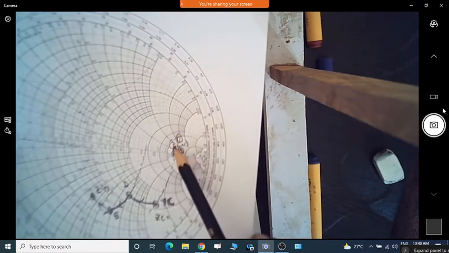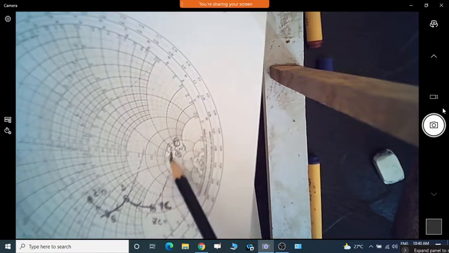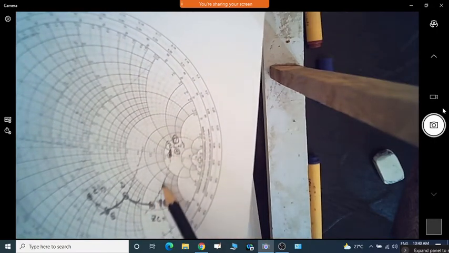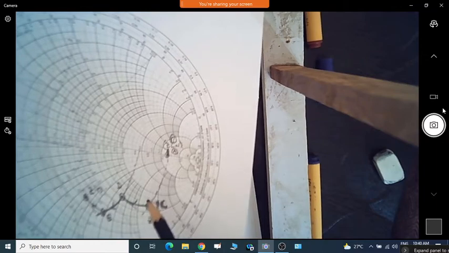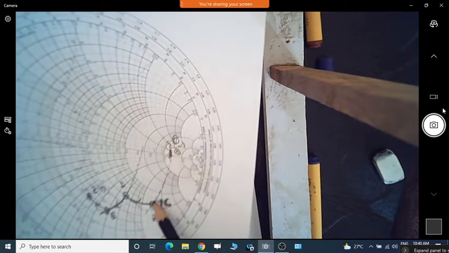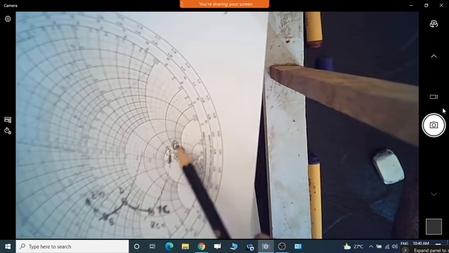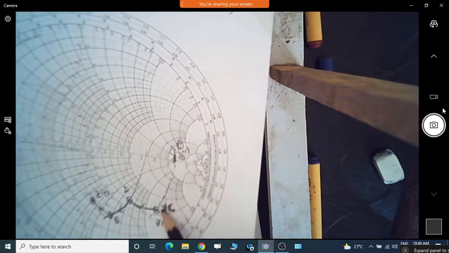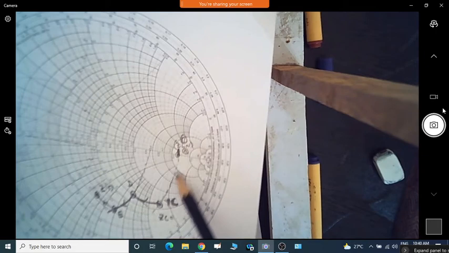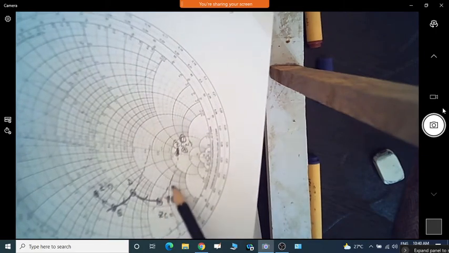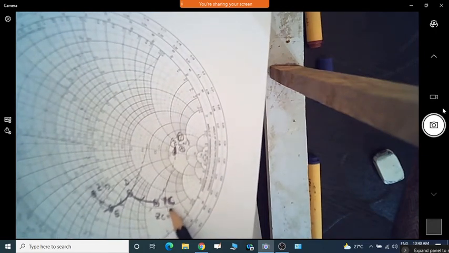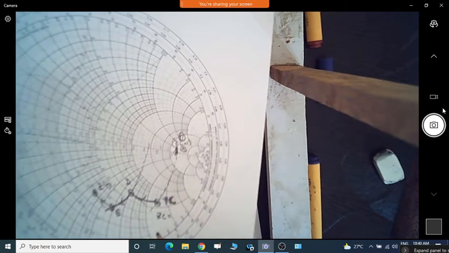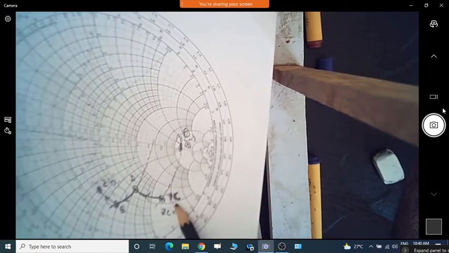So now from that point B, we have to move on the conductance circle since we are adding the shunt capacitance. So we are adding the susceptance value. Find out at B what the admittance value is. Once we have found the admittance value, we add that susceptance to that admittance so that we get the resultant admittance after adding the susceptance of the capacitor C2, which is YC.